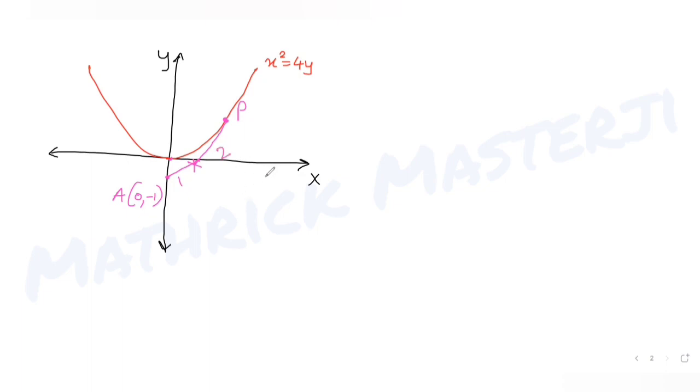First of all, let's figure out the coordinates of P. Because it lies on the parabola, P will satisfy the equation x squared equals 4y.